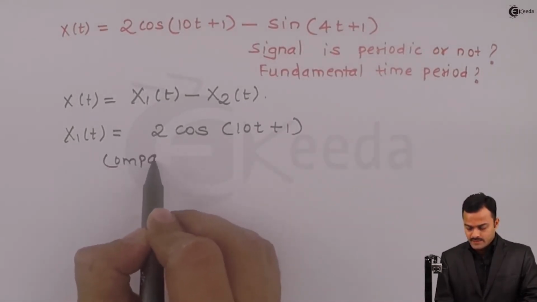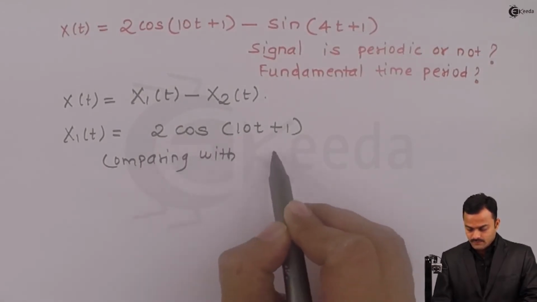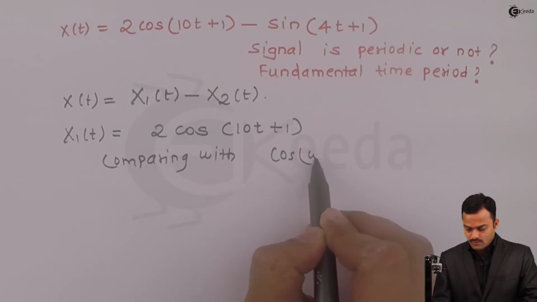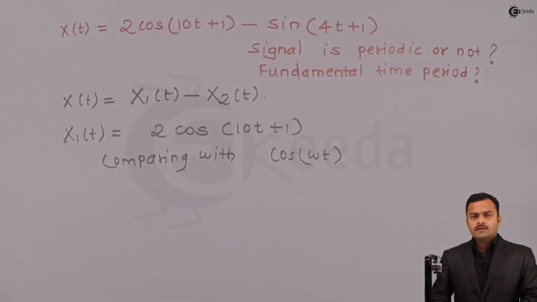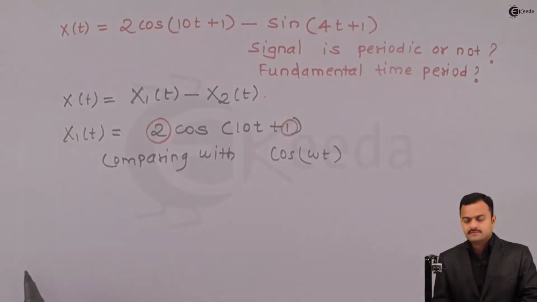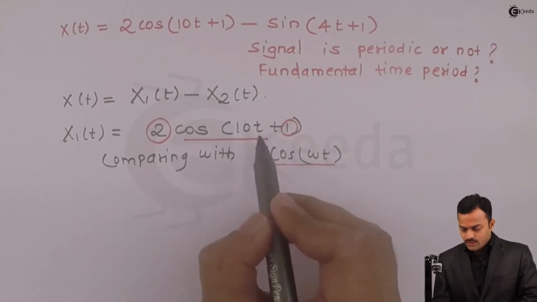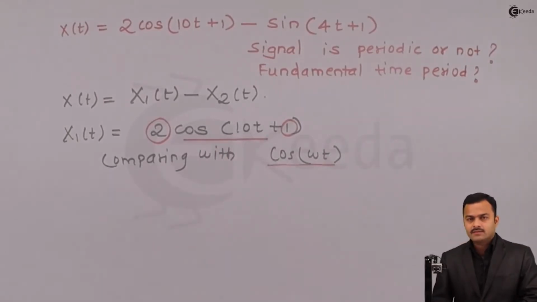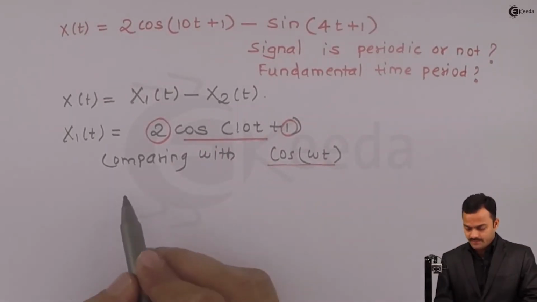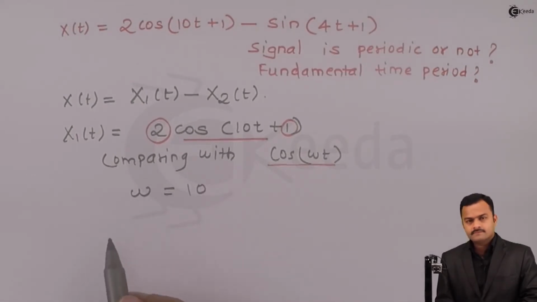Comparing with the standard equation, which is cos(omega t), I have not considered amplitude and not even the phase. I have just concentrated on whatever is there with t, which is nothing but the frequency omega.